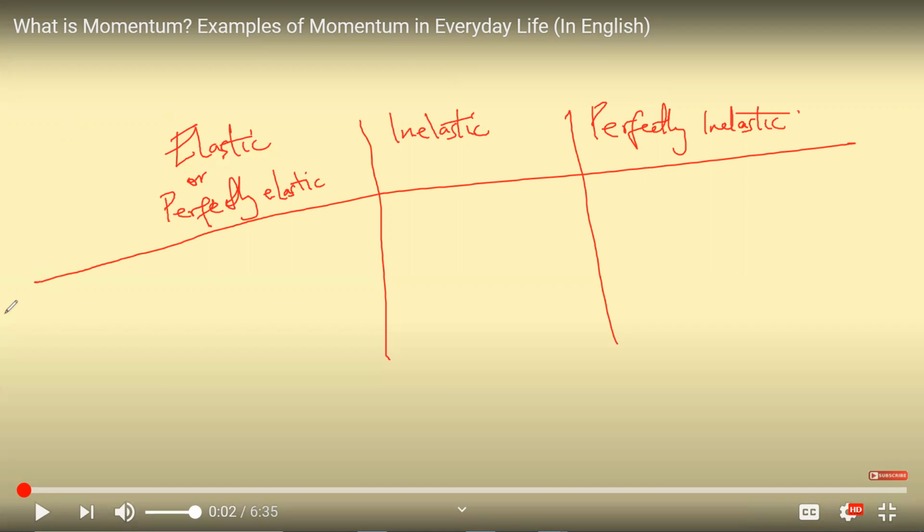So in terms of momentum, I've said that this one is conserved, this one is conserved, and this one is also conserved. I'm just writing a summary here. I'll send you the notes maybe later on.